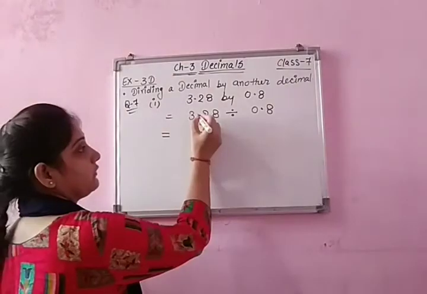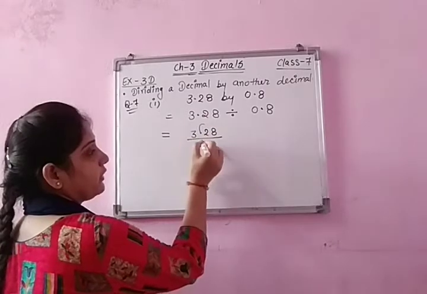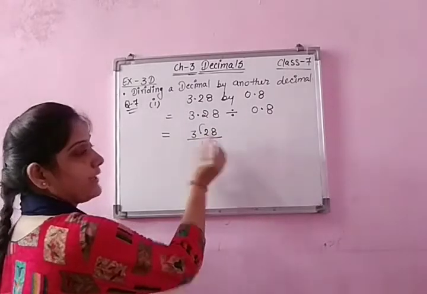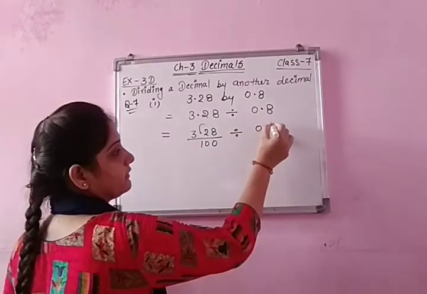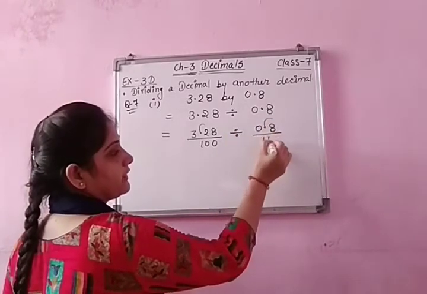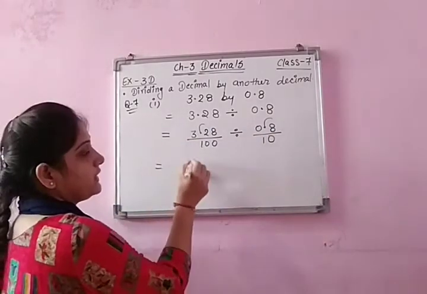And you know how to convert that into a fraction. If I am removing this point, there will be 100 in the denominator because two decimal places are there. When we remove the point here, it will give us 10 in the denominator because of one decimal place.